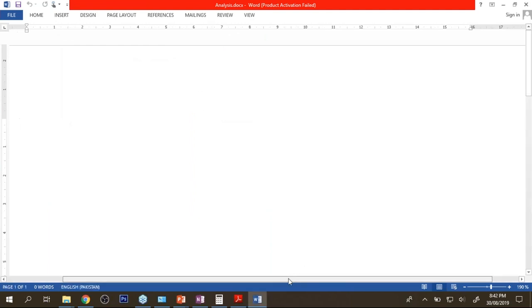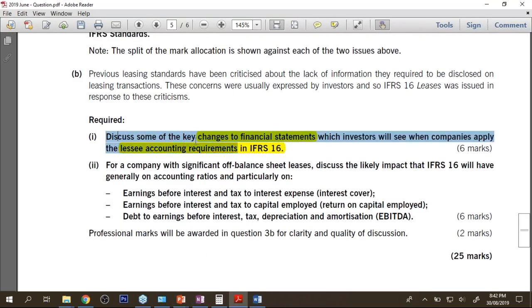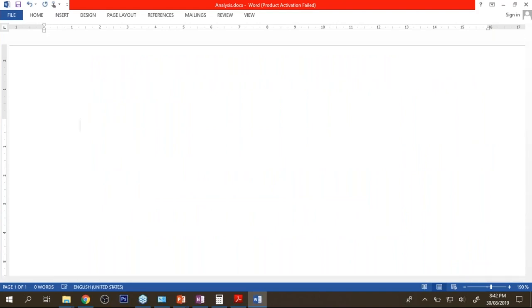Okay. So if I quickly write down the answer to the question, which says discuss some of the key changes to the financial statements which an investor will see. So we are going to write, as this is June 2019, question number 3, and we are answering part B1.